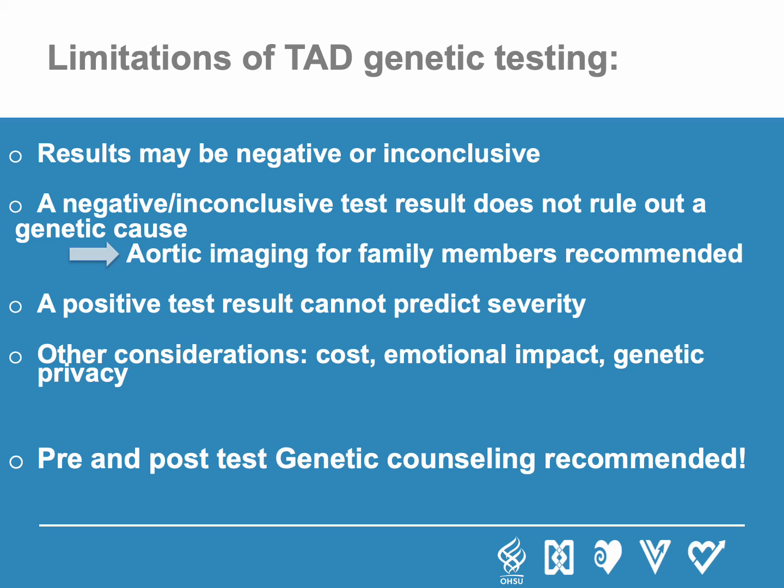So with negative or inconclusive genetic test results, it is still recommended that close relatives undergo aortic imaging to look for any signs of asymptomatic aortopathy to help with early detection and treatment. Additionally, it's important to know that a positive genetic test cannot predict the severity of the condition or what specific symptoms a person may expect in the future.